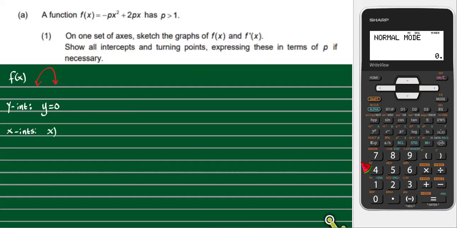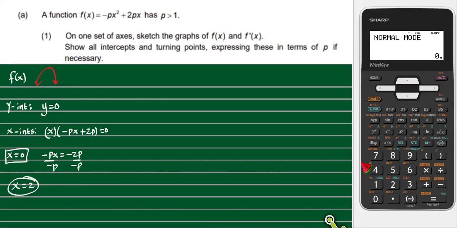I'm left with minus px plus 2p equals 0. So one of them is x equals 0. And then minus 2p will go there, so I'm going to have minus px equals negative 2p, divided by negative p, and you end up with x equals 2. There we go.